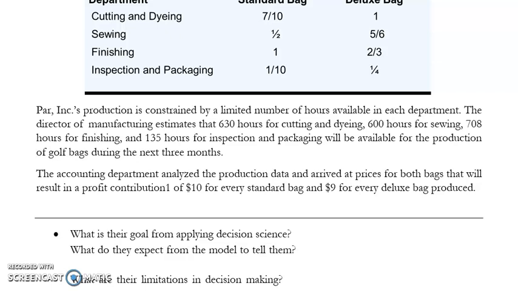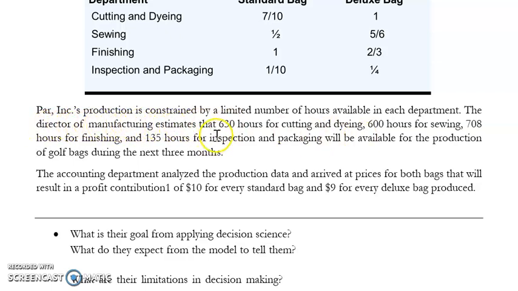For example, if now I ask you, can we produce 1,000 deluxe bags? We come here and we check each deluxe bag, for example, the cutting and dyeing process takes 1 hour for each deluxe bag. So if we want to produce 1,000 deluxe bags, we need to have at least 1,000 hours available with cutting and dyeing. How much time do we have here?